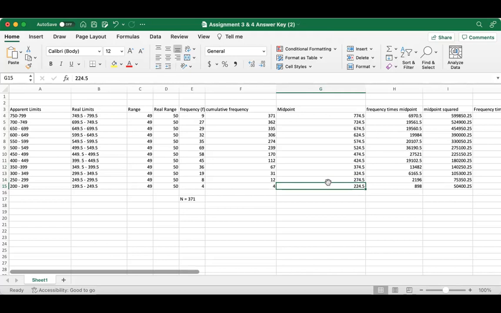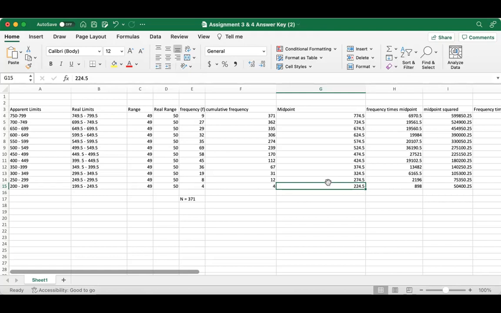So you'd have 224.5. Hold on. Remember the midpoint's halfway through, so the range is 50 between the numbers, and then we have to add it to the bottom number of our real range. So all I'm doing is saying my range is 50, but my midpoint is going to be the range divided by 2.